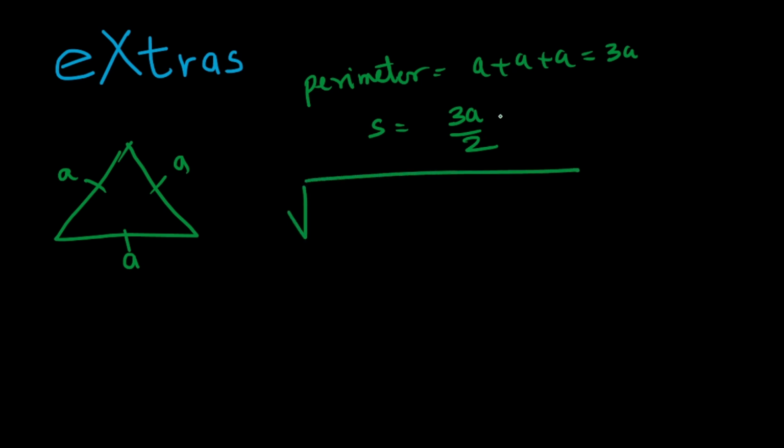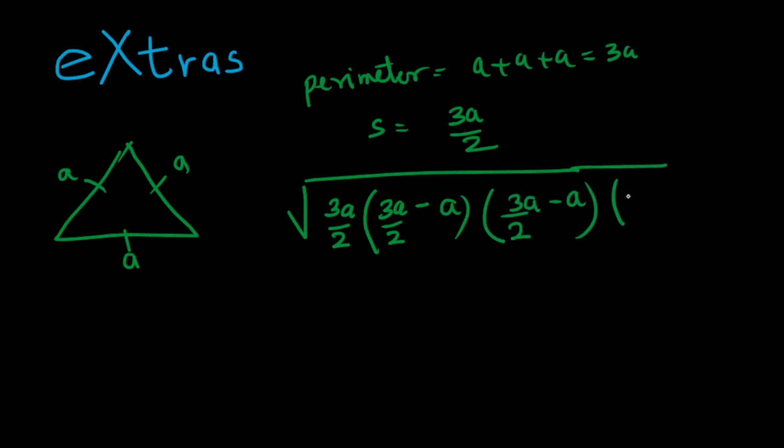Now we'll substitute this semi perimeter in Heron's formula. So we have root of 3a divided by 2 into 3a divided by 2 minus the side, which in this example is a, into 3a by 2 minus a, into 3a divided by 2 minus a, right?